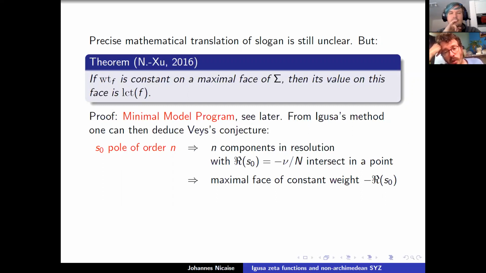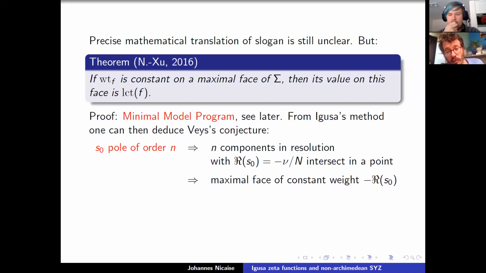So these n components intersecting in a point give rise to a phase of dimension n minus 1 in the dual intersection complex. And such a phase is automatically maximal because this is the largest possible dimension that a phase can have. And so the vertices of this phase correspond to the n components.